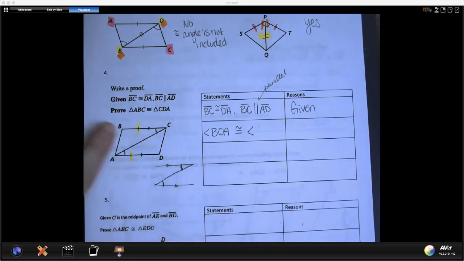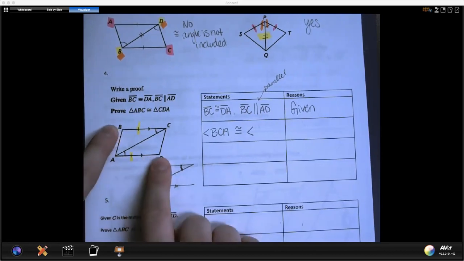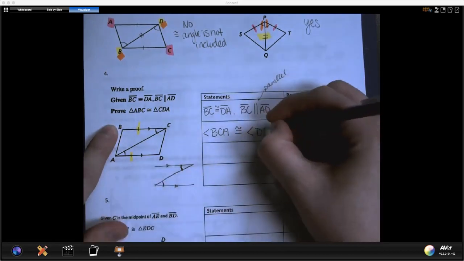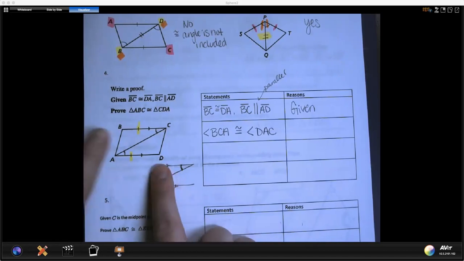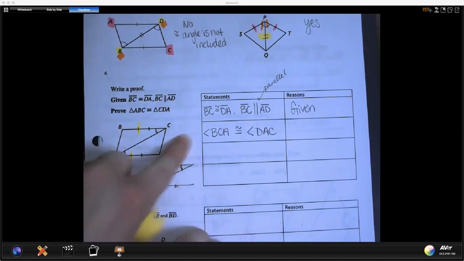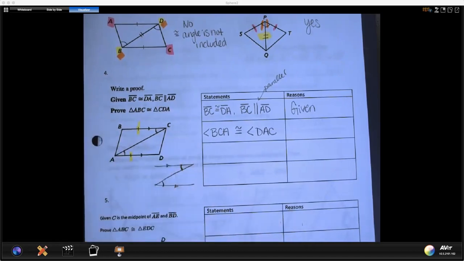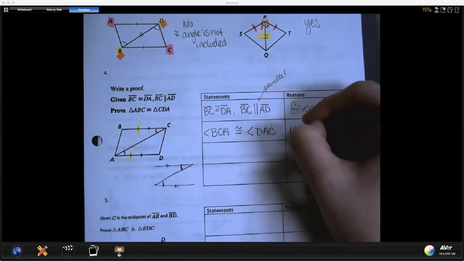So if B and D are matching, DAC. So to clarify, Christine, the angle that you said was correct, but the order you said it was wrong. Okay, remember matching parts. So if B matches with D, that's why it has to go that way. Okay, and we said that was alternate interior angles.